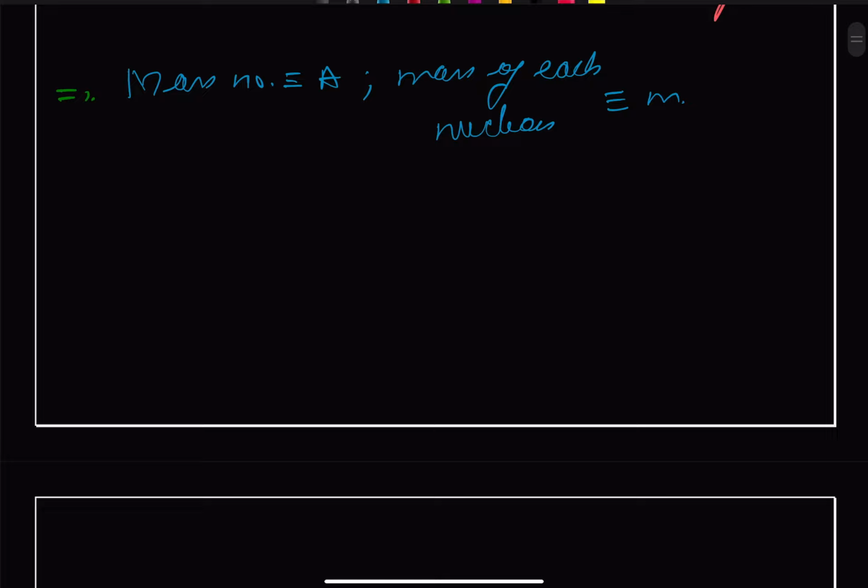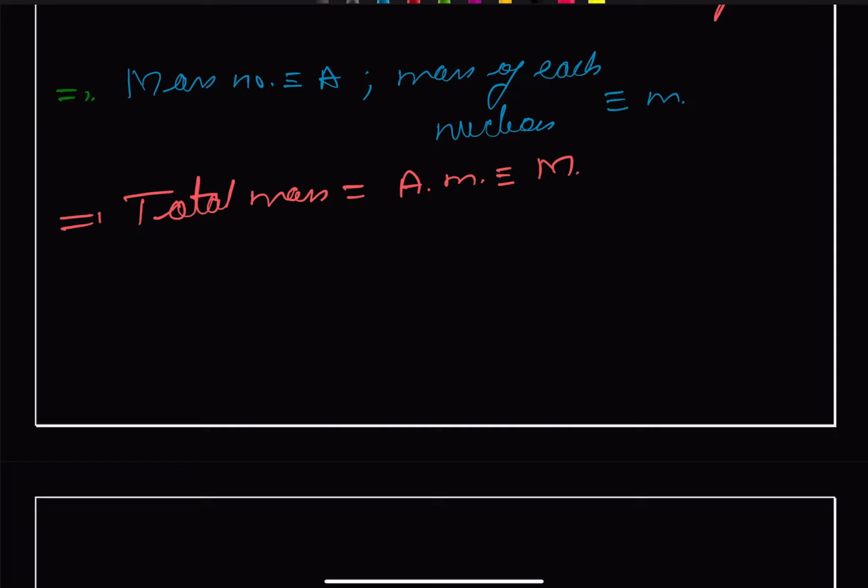So from here we can find out the total mass. We can say our total mass will be equal to mass number multiplied by mass of each nucleon. And let us suppose this is represented as capital M.